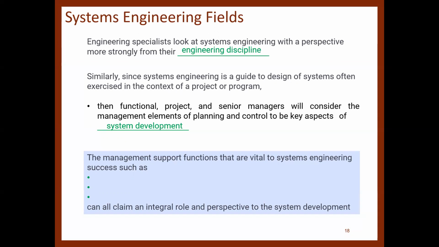The management support functions that are vital to systems engineering success, such as quality management, human resource management, and financial management, can all claim an integral role and perspective in system development.